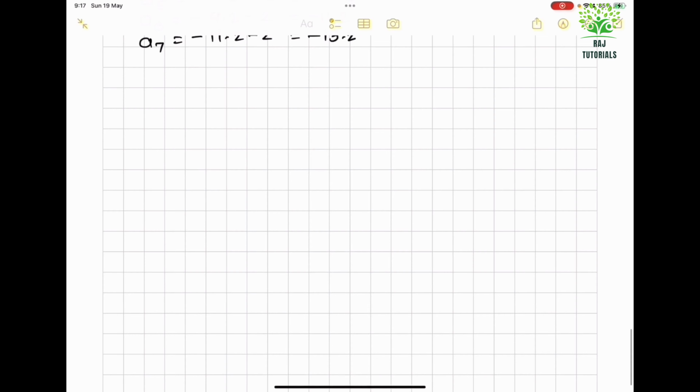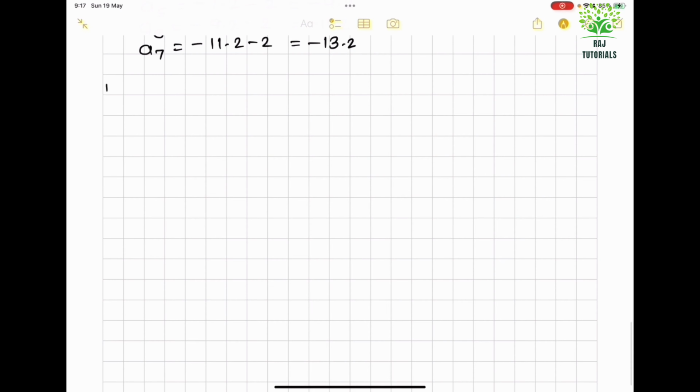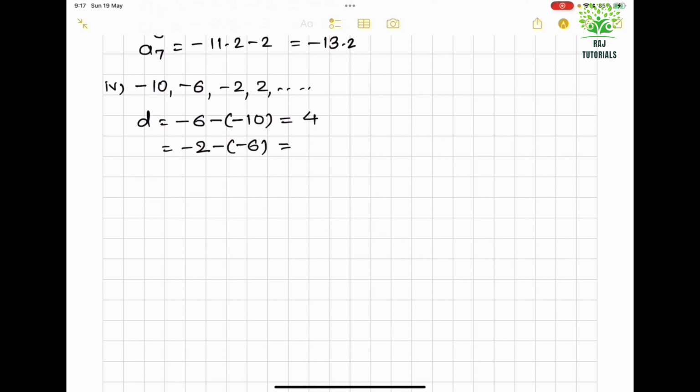Now fourth one, it says minus 10, minus 6, minus 2, 2 and so on. So D equal to minus 6 minus of minus 10, that will be 4. Here minus 2 minus of minus 6, that also will be 4.